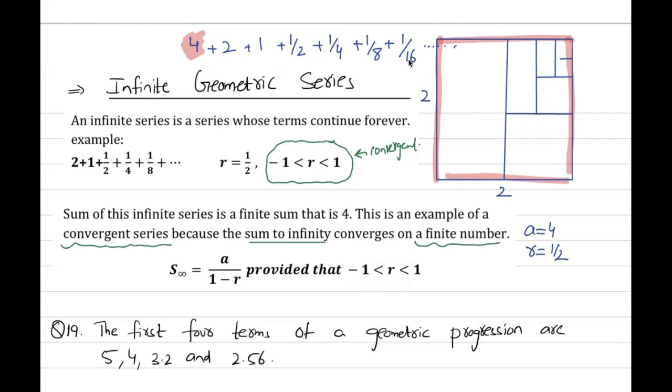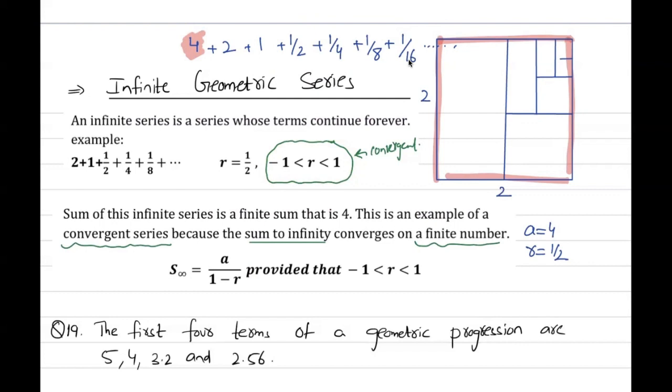Not all geometric series are convergent, because sometimes the ratio is 2, or sometimes the ratio is -3 upon 2. These are divergent series. Only the convergent series will have a sum to infinity. How would you recognize whether a geometric series is convergent? When the common ratio is between -1 and 1, for example -0.5 or 0.5 or 1/2 or 1/3.